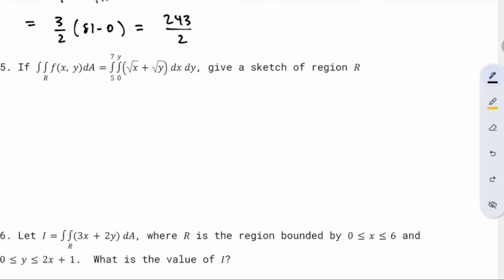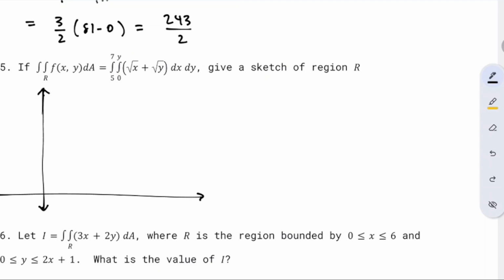Okay, here we've got an integral over R. Okay, so just give a sketch of region R. Okay, y goes from 5 to 7, so I know I don't need any negative y's. X going from 0 to y, maybe I'll see there. All right, so I've got x equals 0.